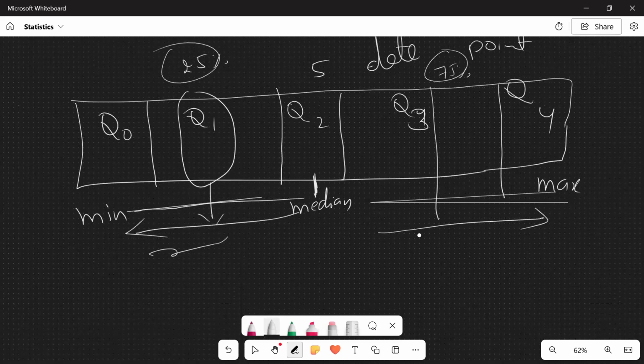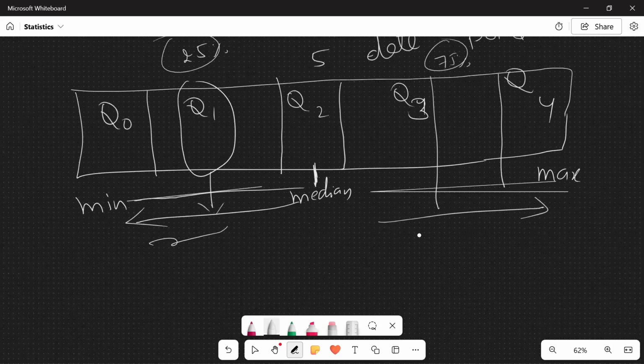So simply what I'm trying to tell you is, even if you have thousands, 10,000, or 1 lakh data points, we represent them with 5 elements. When represented with 5 elements, we call it the five-number summary.